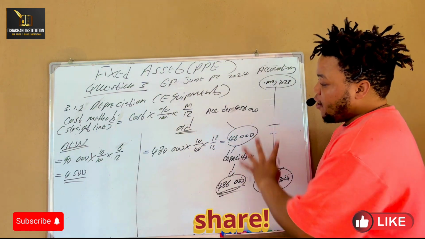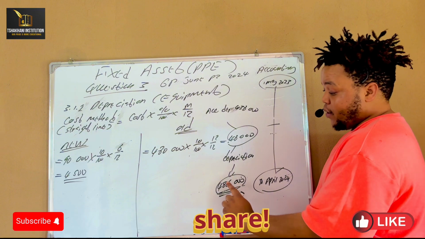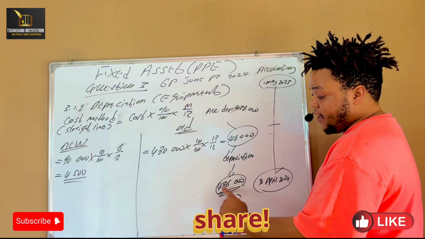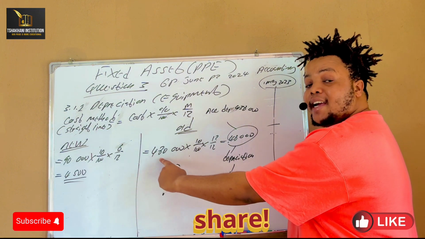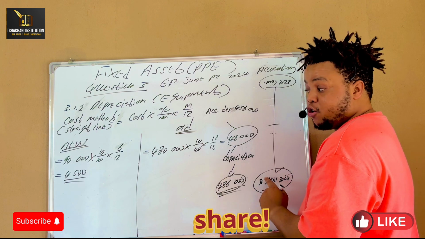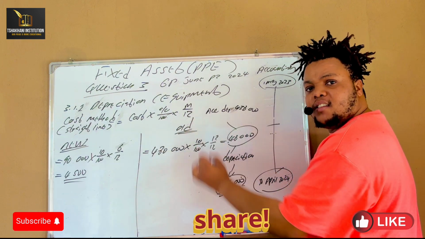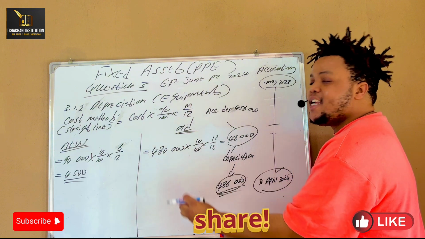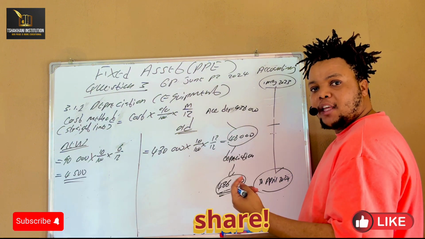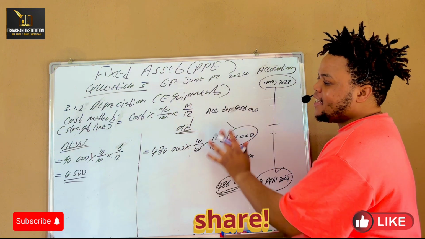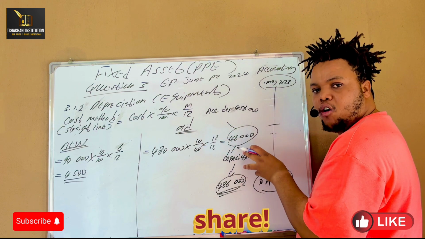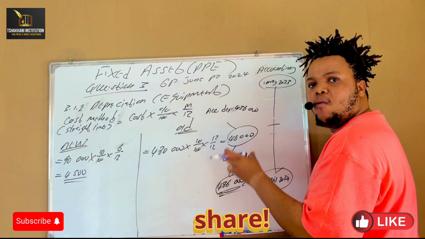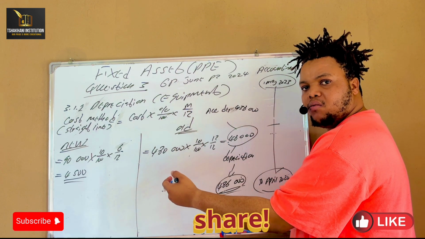So meaning that we are no longer going to calculate in this way, because at the end of the year, the accumulated will exceed the cost, which is not good. Once you see this situation, students, I repeat, you need to apply the 1 rand method. Meaning that to find the depreciation on this old vehicle, you must apply the 1 rand method on the carrying value.